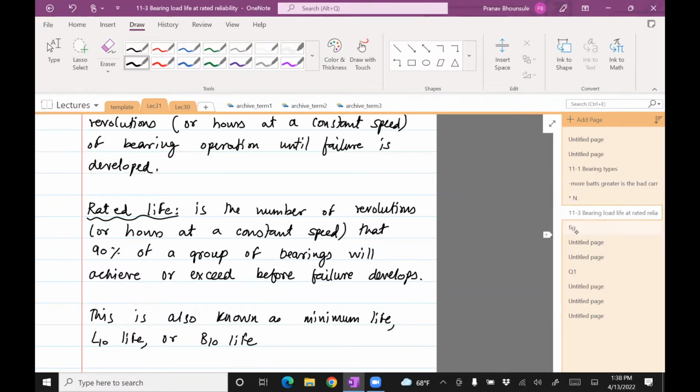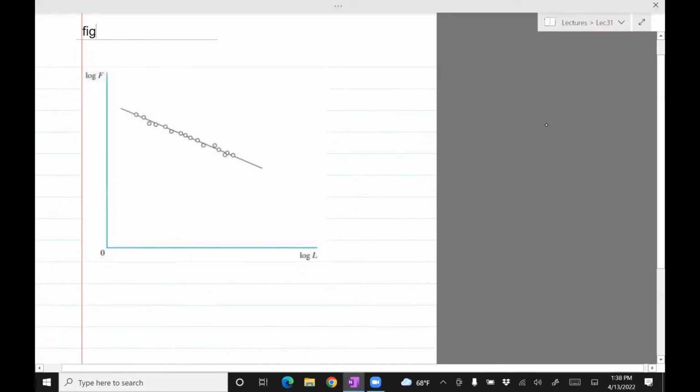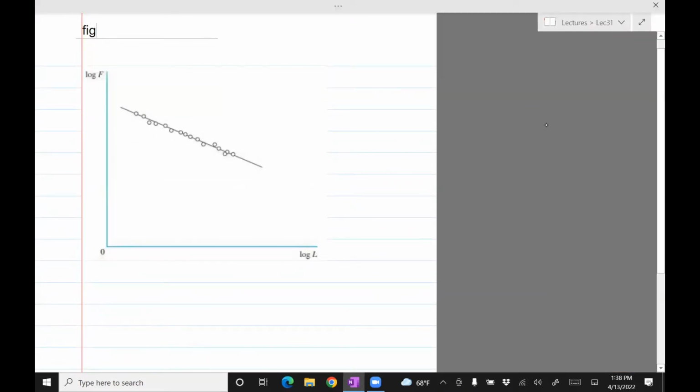Let's see. Okay, so here is a plot which comes from empirical data. What you do is you take a bearing, apply a force F, and then keep spinning it, and see when 10% of the bearings fail, and you make one of these dots.